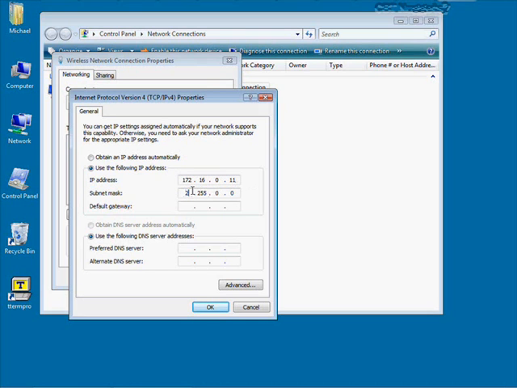The mask we're going to use, remember, it's not 255.255.0.0, and it's not 255.255.255.0. It's basically 255.255.192.0. And my default gateway, most likely, is going to be 172.16.0, probably the first available address.